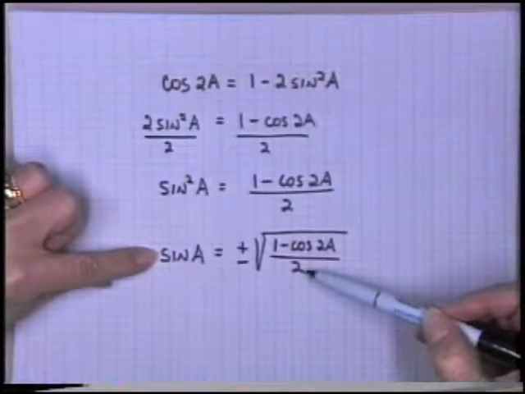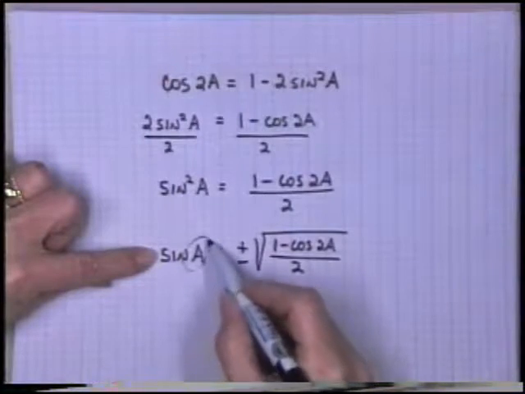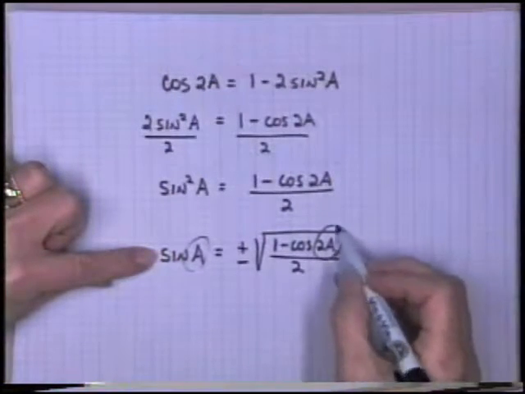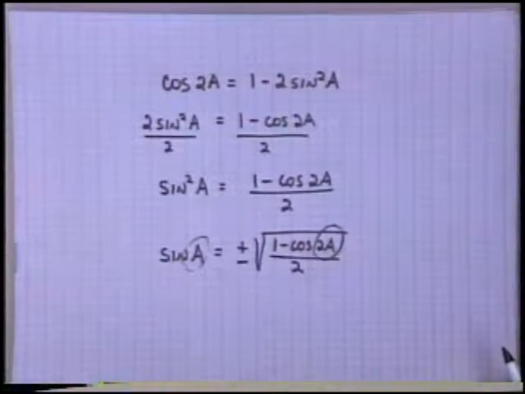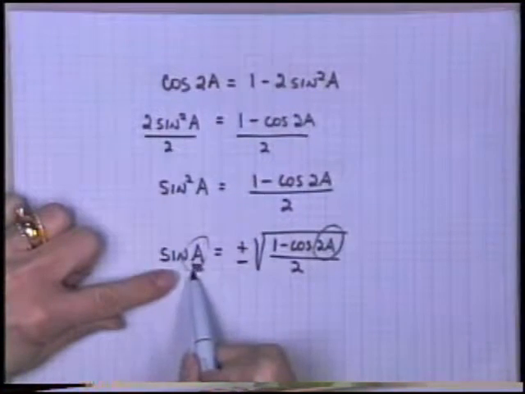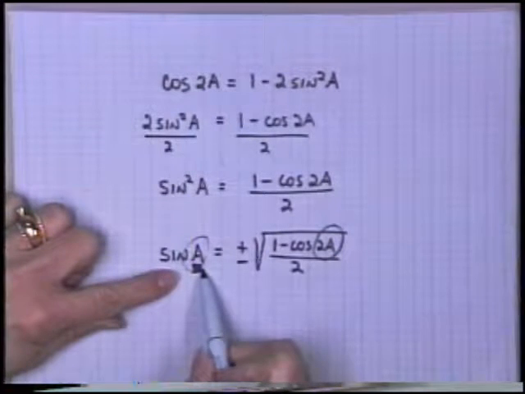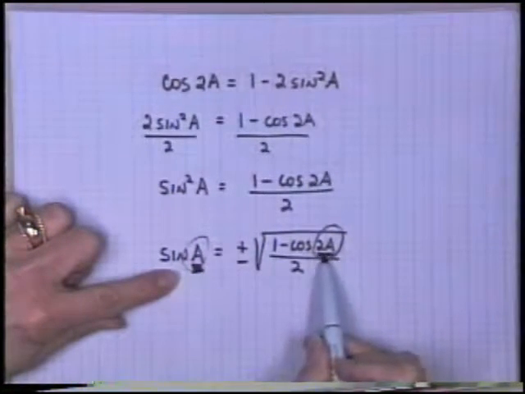Now I want you to key in here on the relationship that exists between this here and this here. Now I usually refer to those as angles, but remember those could be numbers. If our angle is given in radian measure, for instance, that's considered just a real number. But what I want you to notice is whatever is here, if I multiply by 2, I get what's here, right?